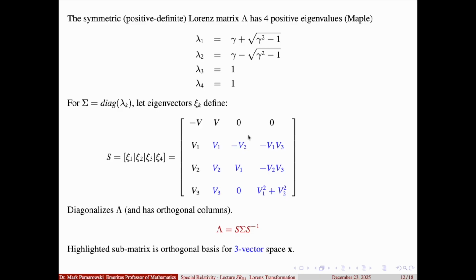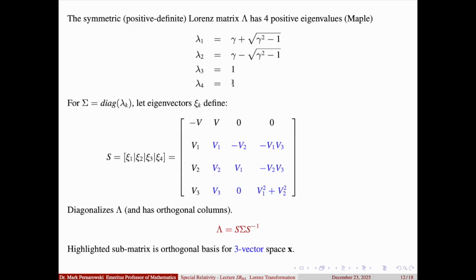There are 4 of them: a lambda 1, a lambda 2, and then lambda 3 and 4 are both equal to 1, so this is a repeated eigenvalue. All 4 of these are positive eigenvalues. The matrix is symmetric, therefore the matrix is positive definite as well.